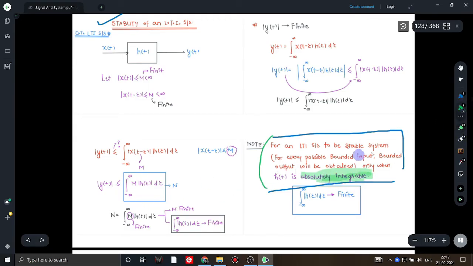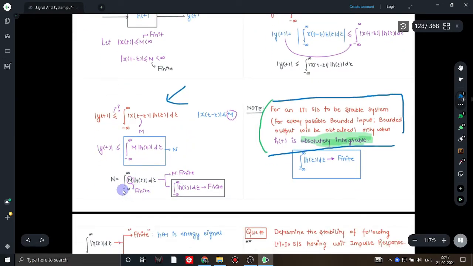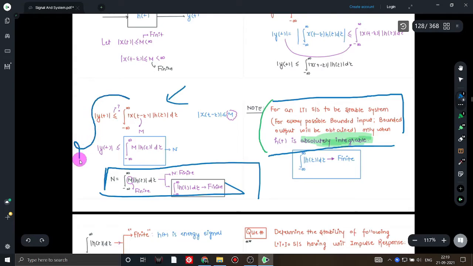We already discussed this earlier. Do you remember this condition? Do you remember all the steps we do to check bounded input and bounded output for a stable system?